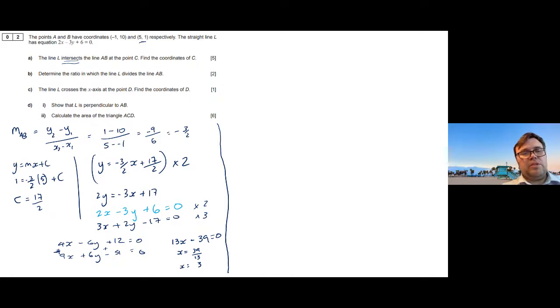Put into one of the equations for y, so that we have x equals 3. And if we use the one they've got, just because I always use the equation they give us, 2x minus 3y plus 6 equal to 0.